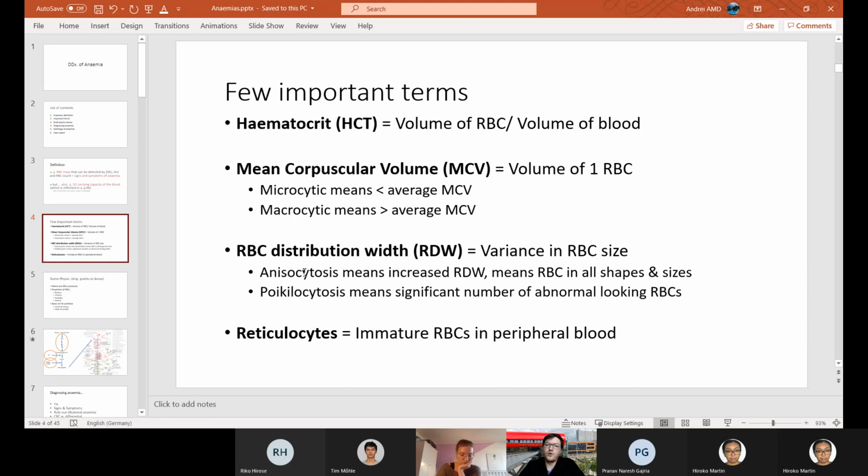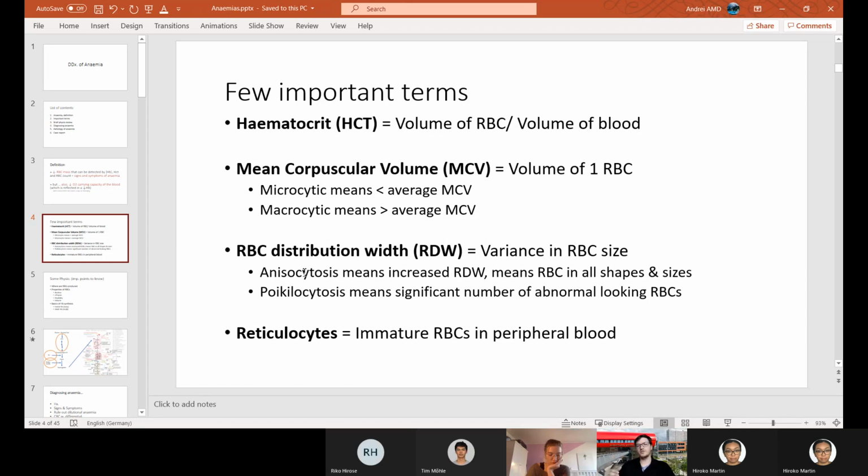The definition of hematocrit is basically the percentage that the blood is made up of red blood cells. This is somewhere around 45 to 55%, depending on whether the patient is male or female. And so right here, you just have the formula of how it's calculated.